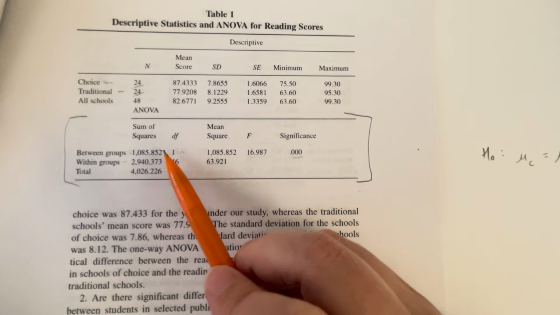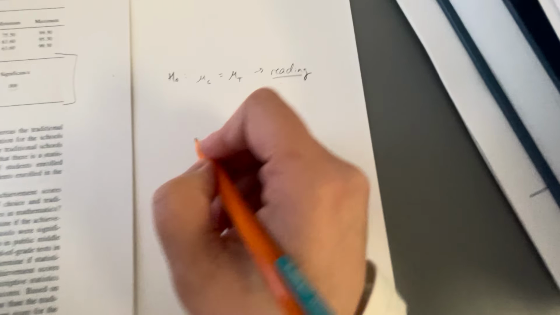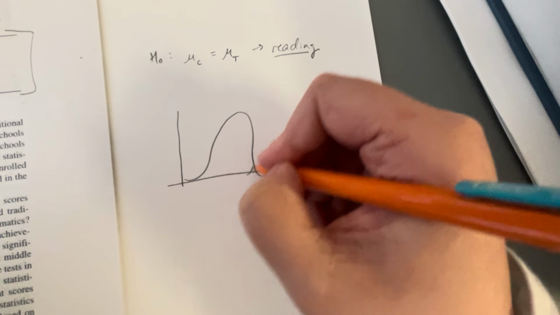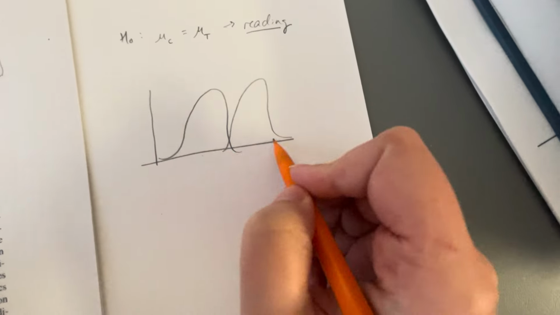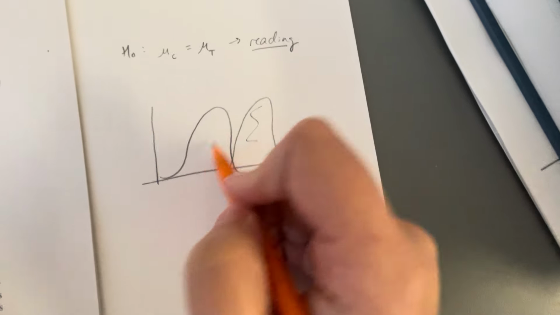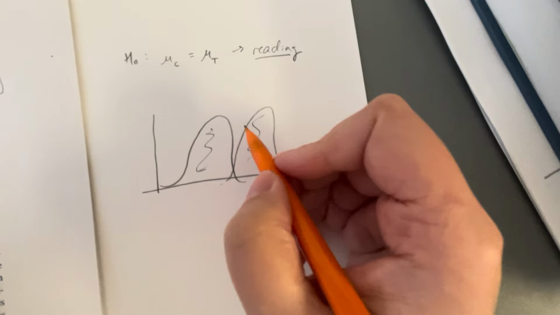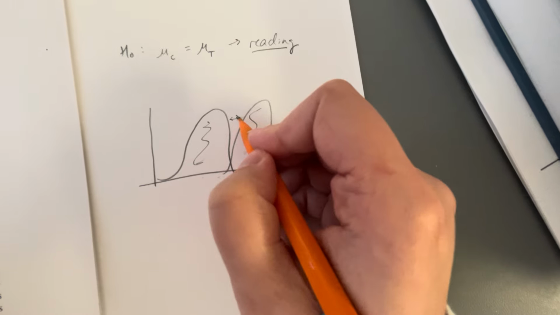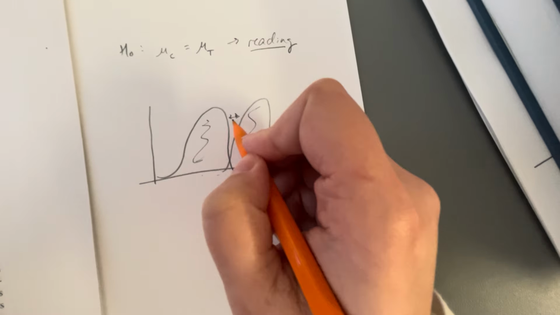When we talk about between and within, yes, we are comparing means, but this is the analysis of variance. Imagine we have these two groups, and they have their own distribution of reading scores, right? ANOVA asks if these two groups are far enough away that we can say that they have a significant difference.